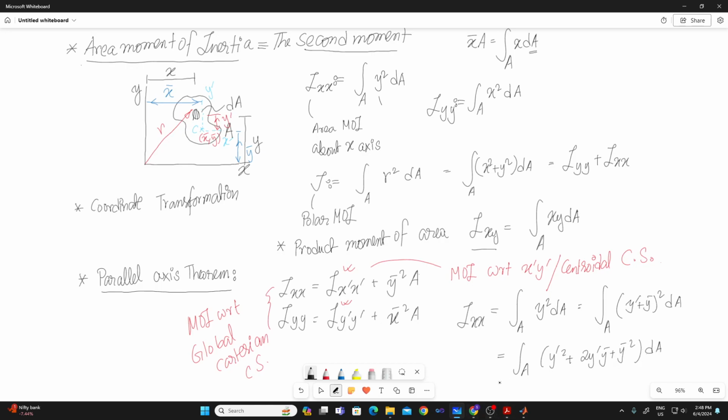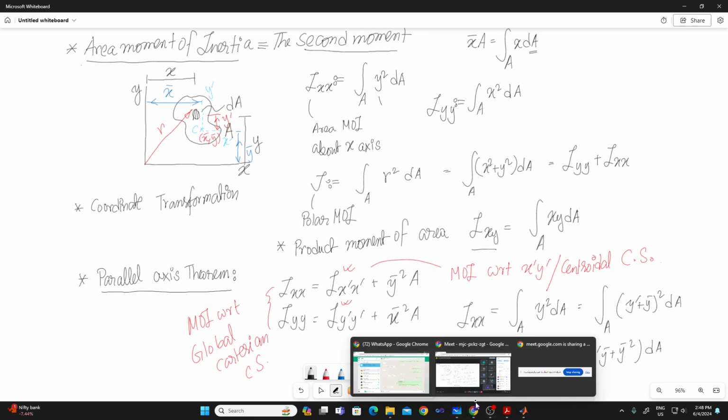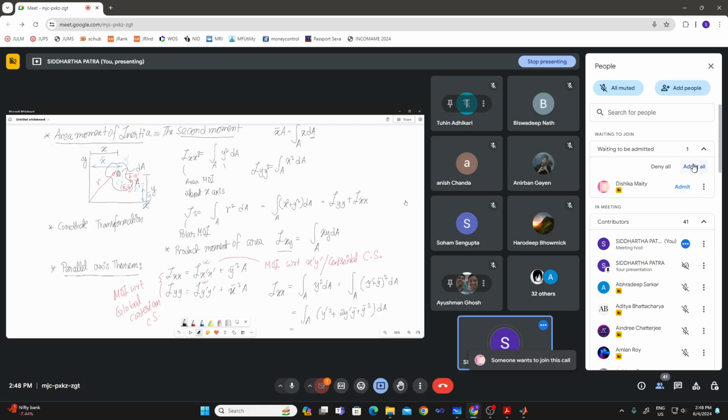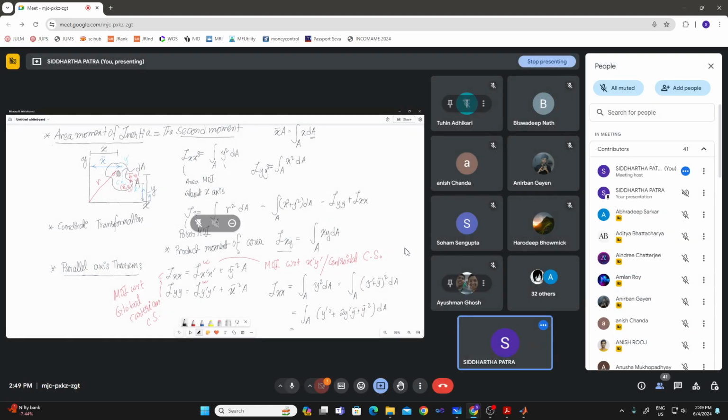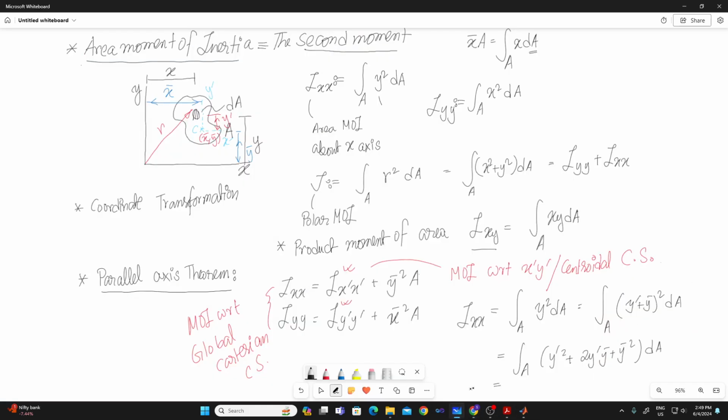Okay, now if I expand that, I'm going to get three terms actually. The first one is the integration over area of y prime squared dA, that is the first term. Then you see the next term, 2 is a constant and y bar, the location of the centroid.